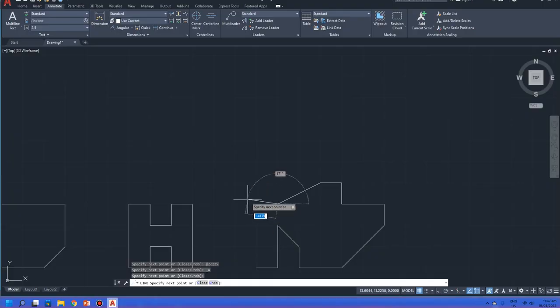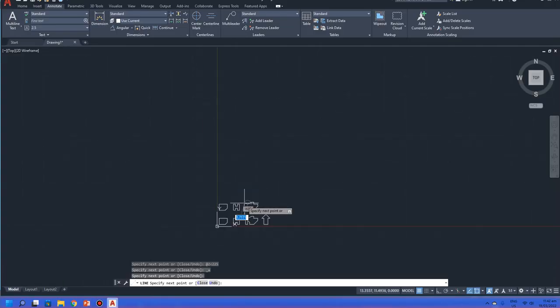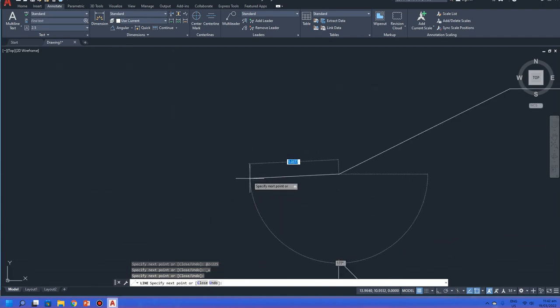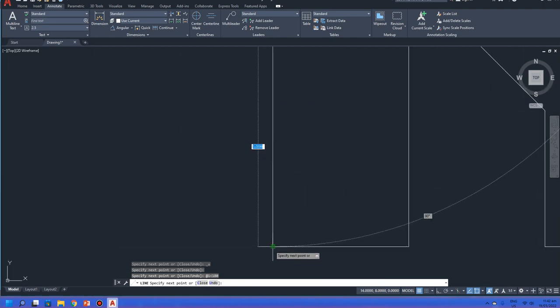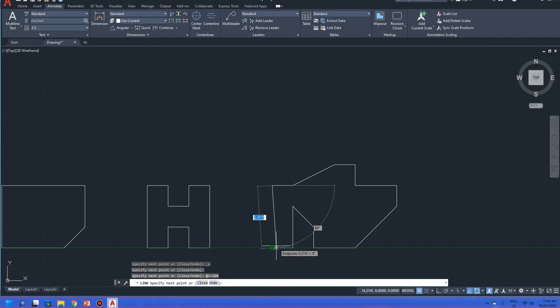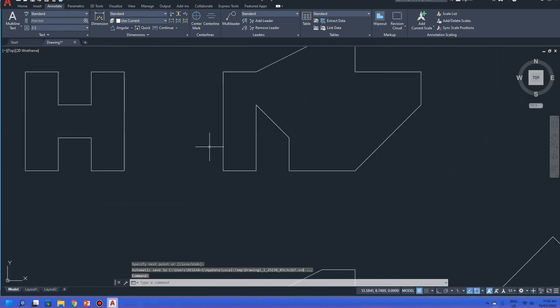Okay, then distance is 1, angle is 180. Okay, so you can close this figure or you can just type manually the value. In my case, I'll just close it by clicking the endpoint.